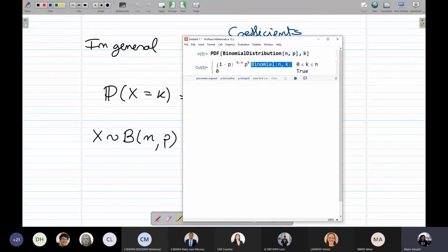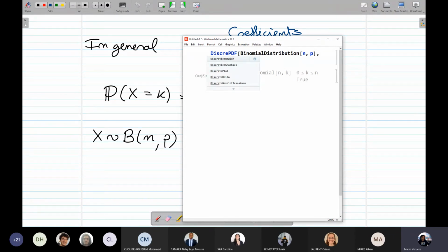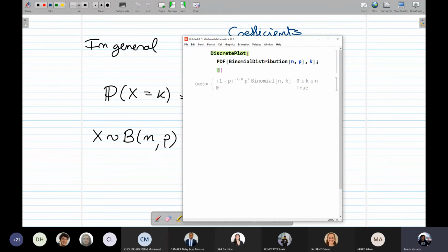Now I want to make the plot of that function. So I'm going to make a discrete plot of this situation, for k going from 0 to n.